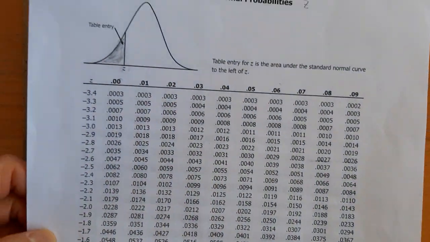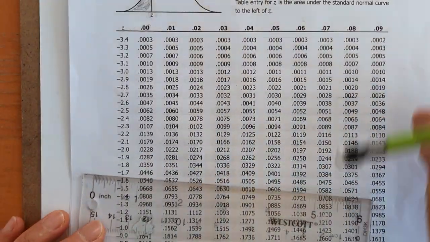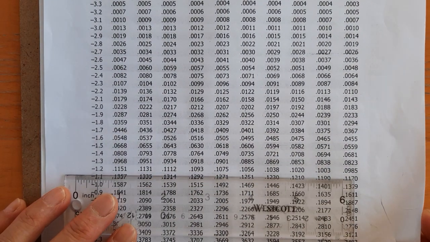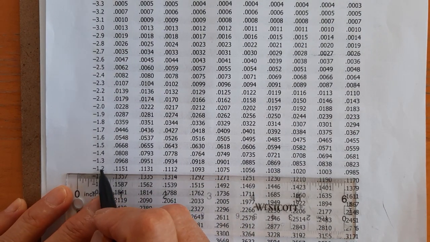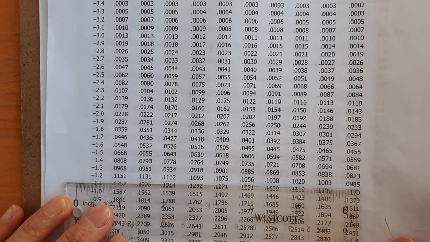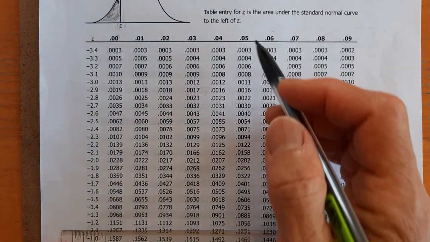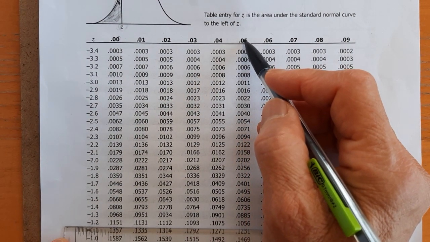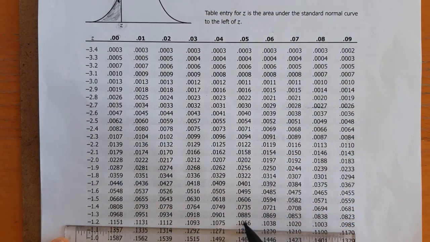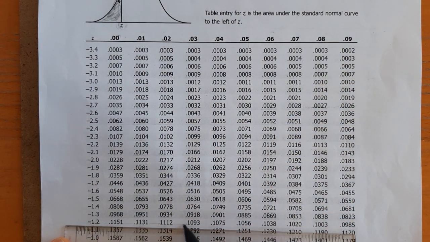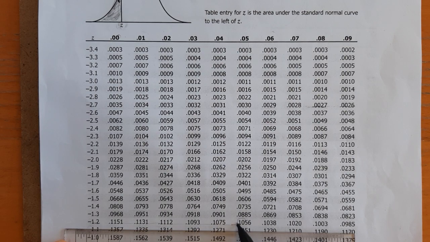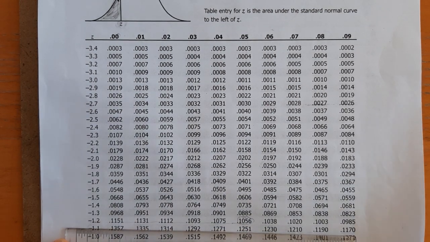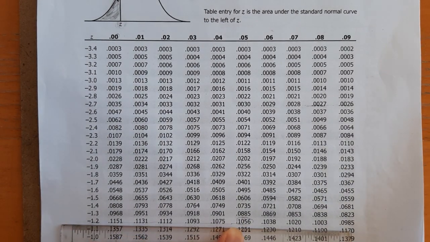Negative 1.25, the intersection here, is 0.1056.